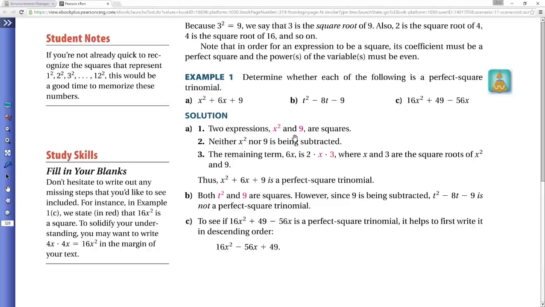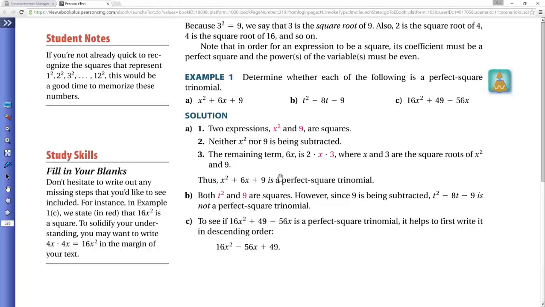If I double that, do I get this middle term? And the answer is yes. This is a perfect square trinomial. In other words, if I was going to factor this, I could say this is really x plus 3, the quantity to the 2 power.